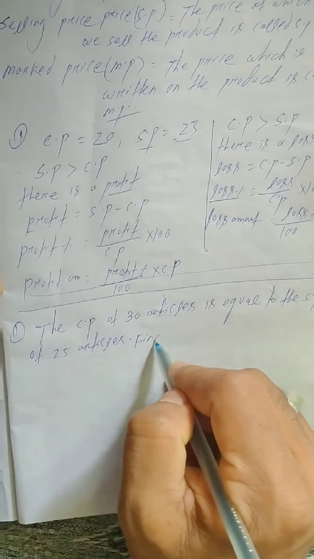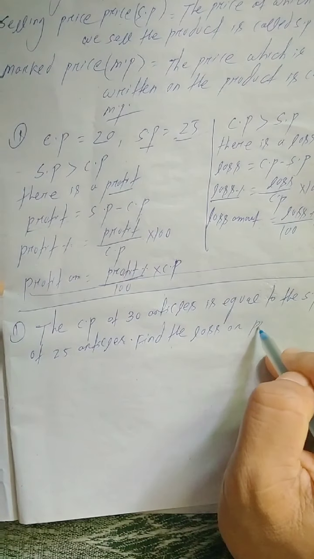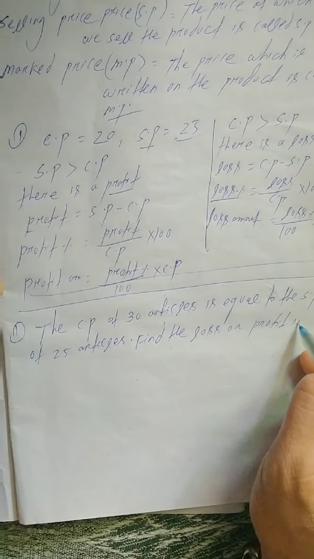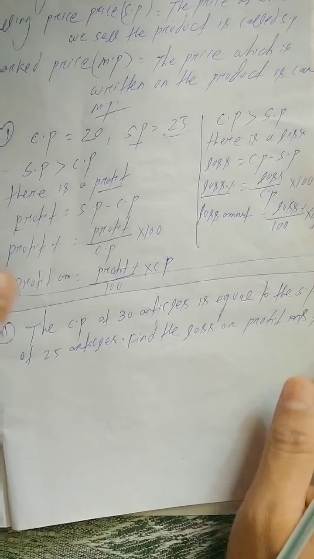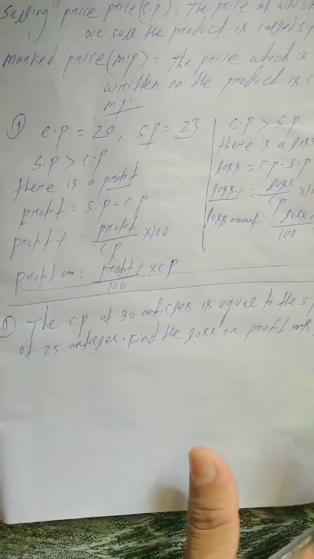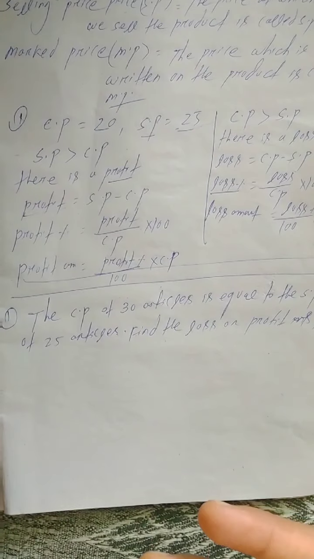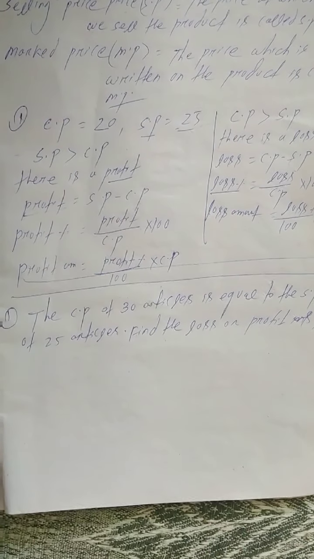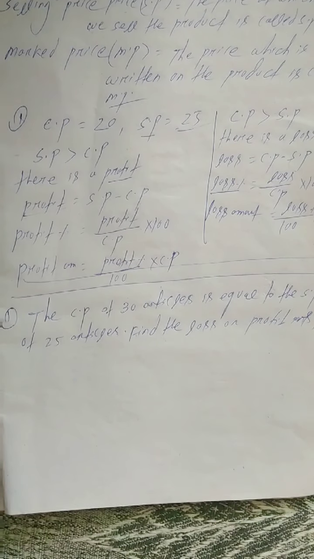Find the loss or profit as a percentage. We don't know the cost price of an article and the selling price of an article, but when you find the profit or loss, first you should know the cost price and selling price. We don't know their values.